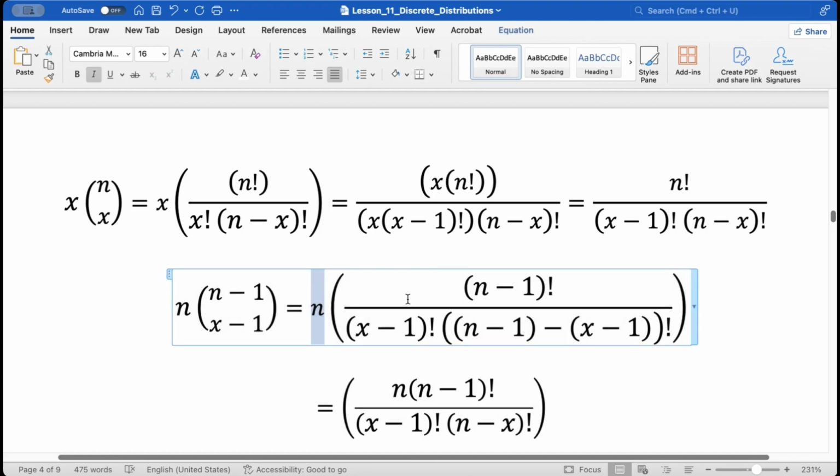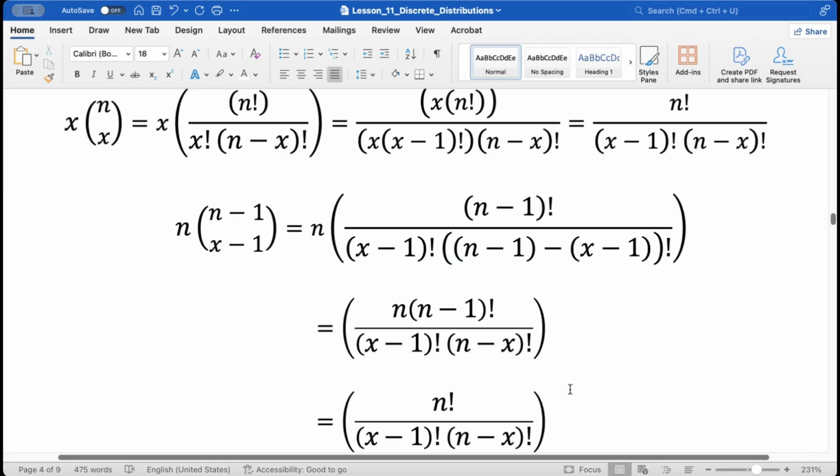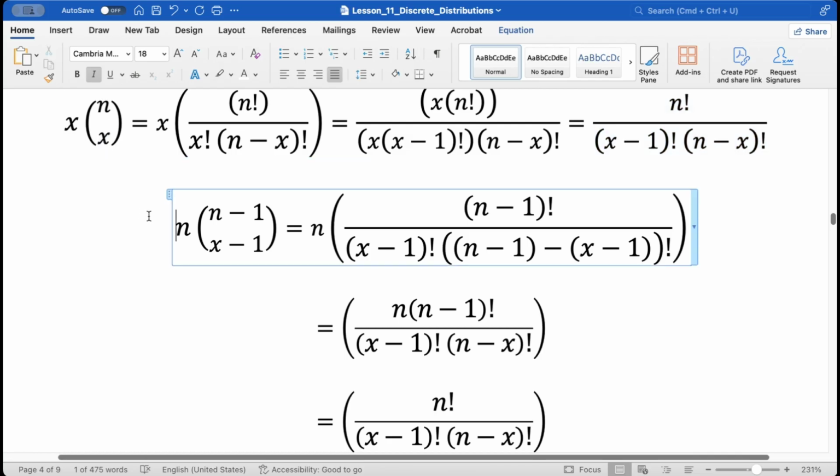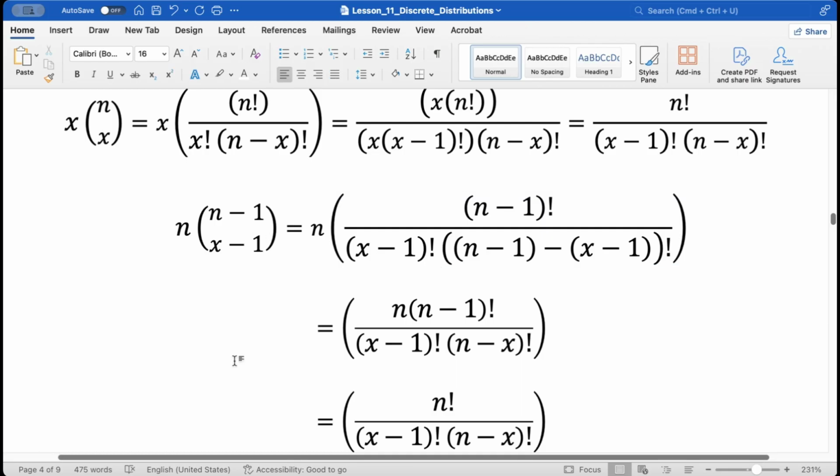Multiplying this extra n, we get n times n minus 1 factorial, which is n factorial. So we're left with n factorial over x minus 1 factorial, n minus x factorial, which is the same thing that we got up here. So we've shown that x times n choose x is the same as n times n minus 1 choose x minus 1.